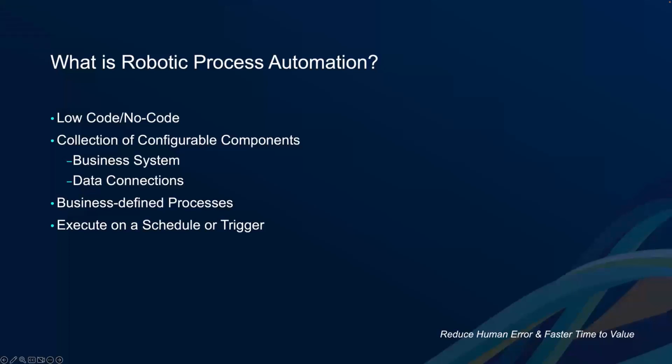And then finally, these processes execute on a schedule or a trigger. So you can have them execute on whatever temporal basis you need, whether it's hourly, every 3 hours, every day, every week, whatever it might be. Or you can have them execute on a trigger, which means when some event happens within one of your business systems, you can have this workflow kick off and run through this process that you have defined.